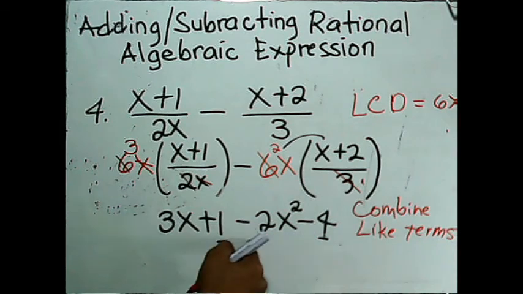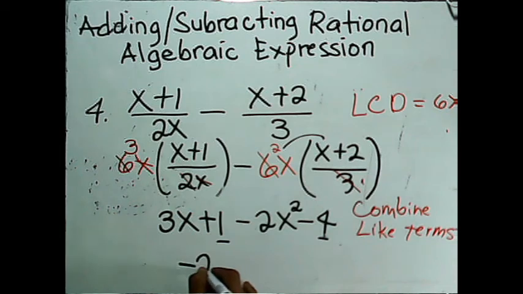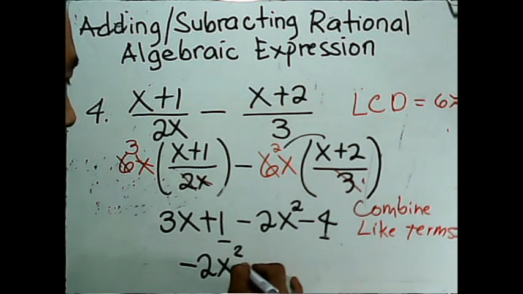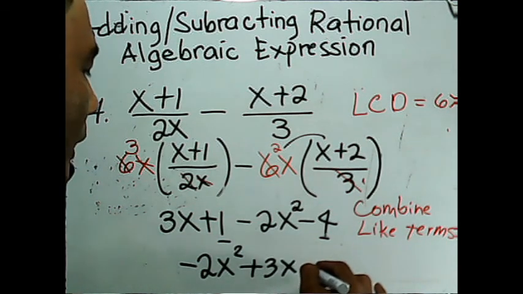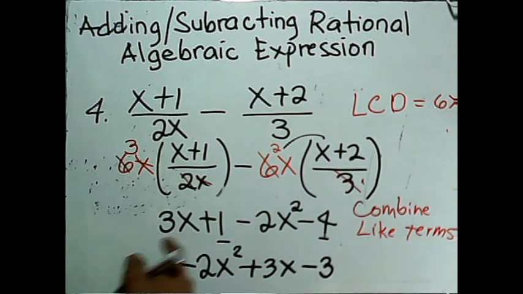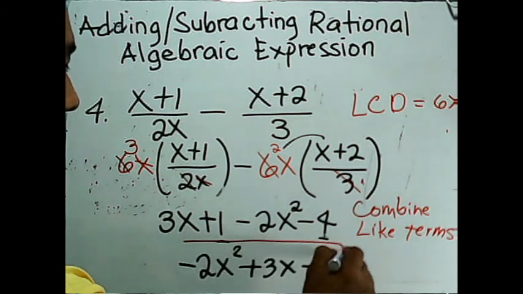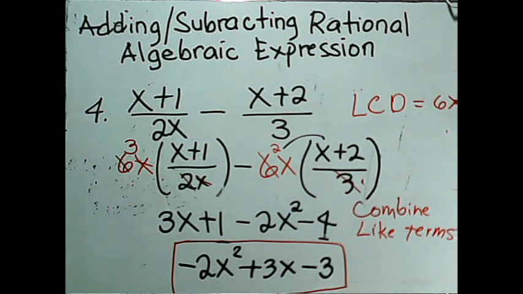So we will write negative 2x squared first, and then followed by positive 3x. And then positive 3 minus 4 is negative 1. Okay, so this is now our final answer. It is already written in standard form, arranged in descending order.